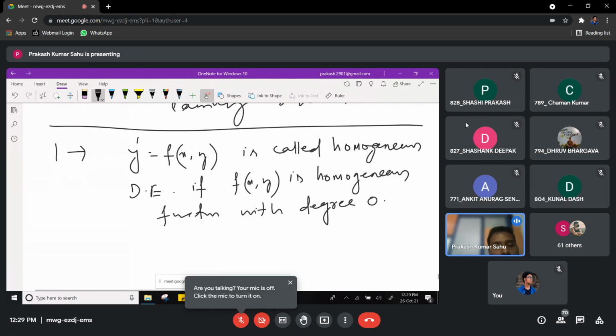Okay, if y dash is equal to f of x, y, it's called a homogeneous differential equation if f of x, y is a homogeneous function with degree 0.